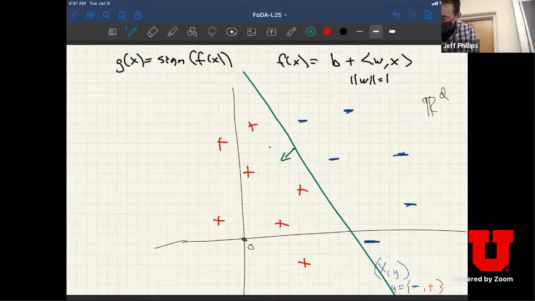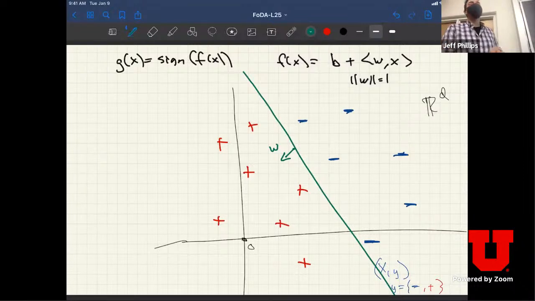The normal direction, W, will be pointing towards the positive points.